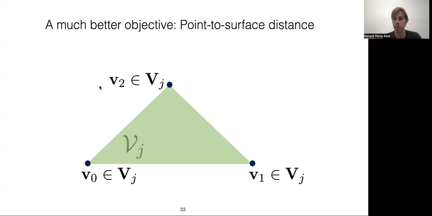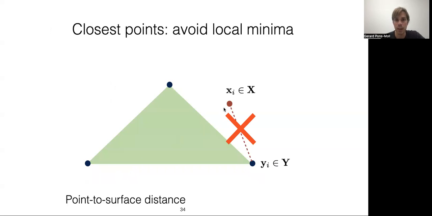If you minimize the point-to-surface distance, the convergence will be much smoother, because as you make a gradient step in parameter space, the points are allowed to shift along the surface. So essentially, we're not finding the closest vertex, but the closest point on the surface.